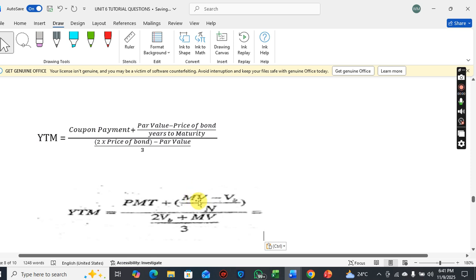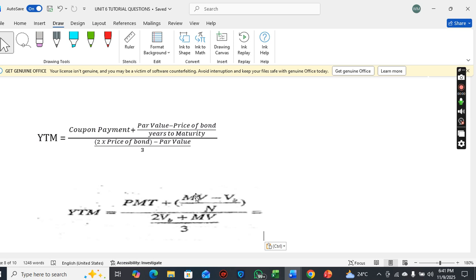MV is the maturity value, or par value, because that's what you get when a bond matures.